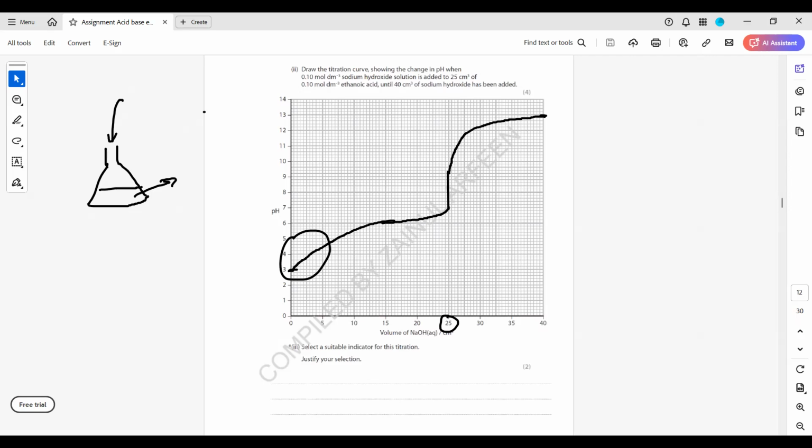For a weak acid and a strong alkali, even 6 is also acceptable. The original pH of the solution which we calculated was about 2 or 3. For the vertical region, you can start with 6, you can start with 7, or even 5 to 7 is fine, and 5 to 10 is also fine.